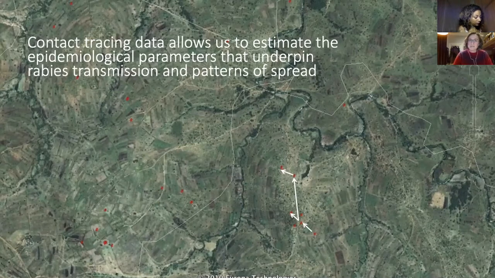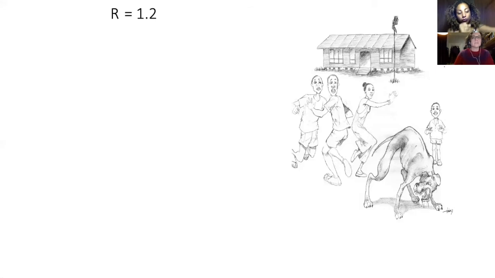So whilst rabies is a really quite simple disease, we haven't had this information really well parameterized, and contact tracing has contributed to improving that.